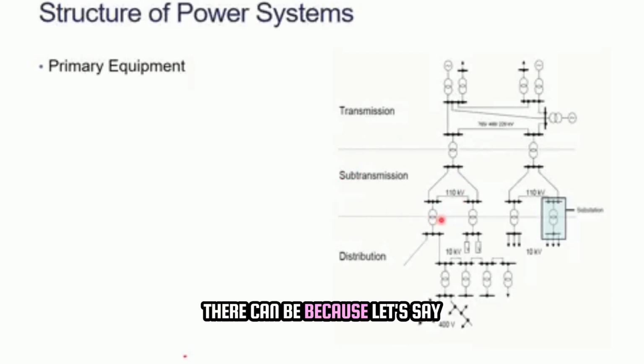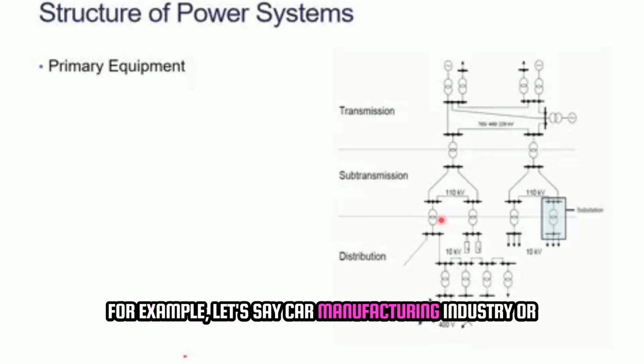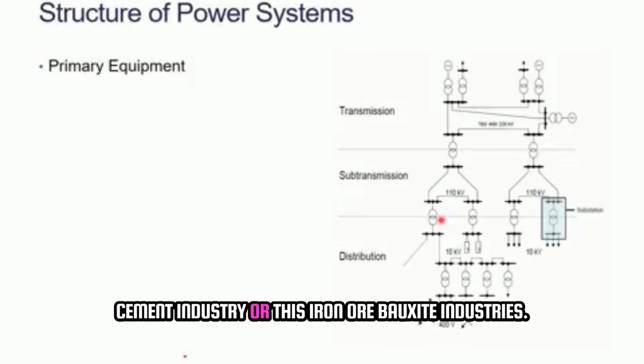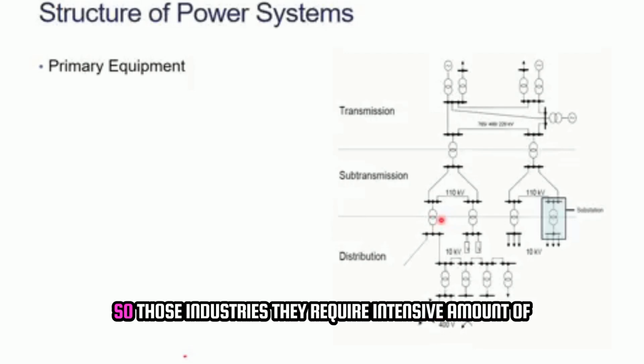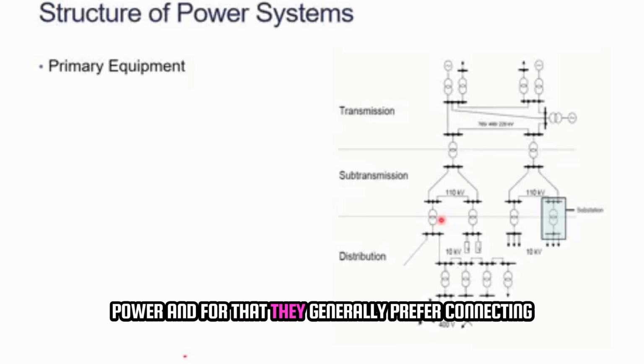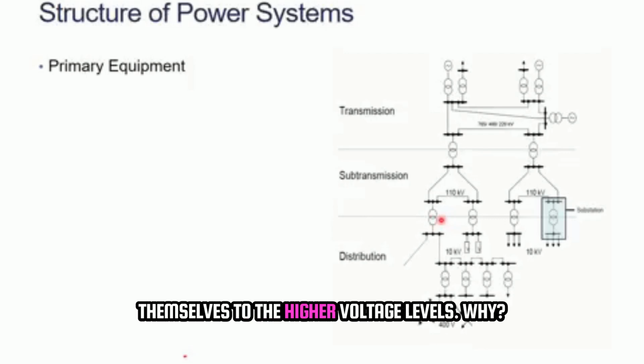There can be, because let's say there are big industries, for example a car manufacturing industry, or cement industry, or iron ore and bauxite industries, or even food manufacturing industries. Those industries require an intensive amount of power, and for that they generally prefer connecting to the higher voltage levels.